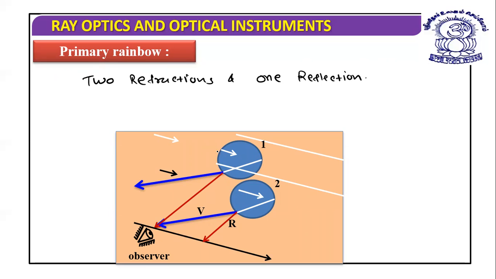Light is incident on the spherical drops. Due to dispersion, it is divided into its constituent colors. After total internal reflection from the second surface of the water drop, the light rays come out of the water drop and enter the eyes of the observer. The violet light will be seen in the upward direction and red light will be seen in the downward direction.